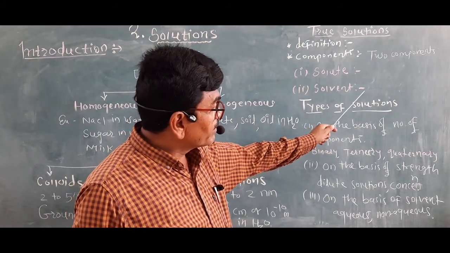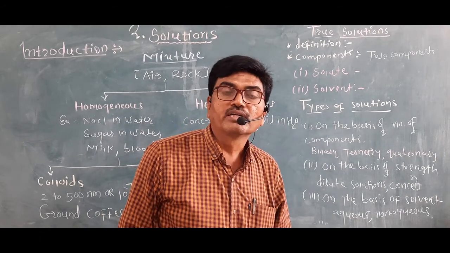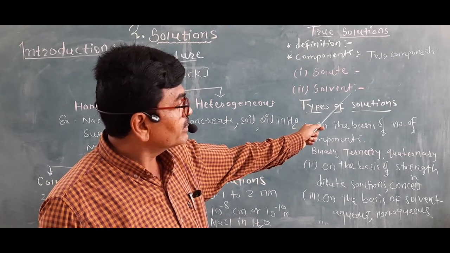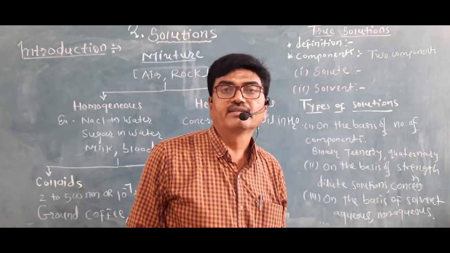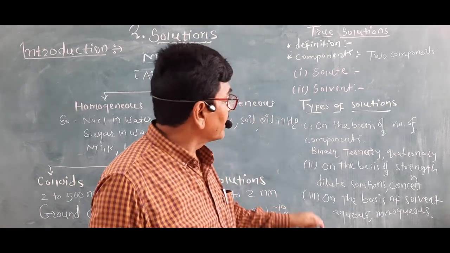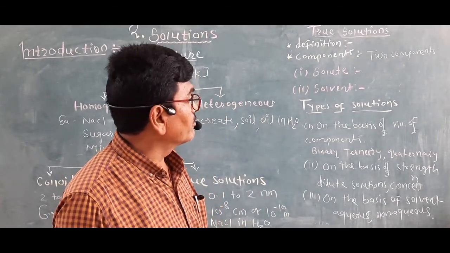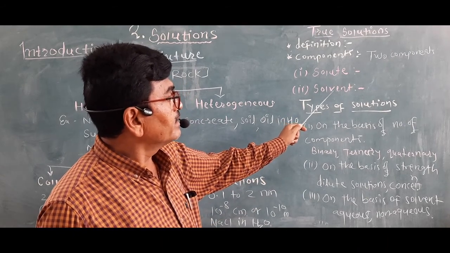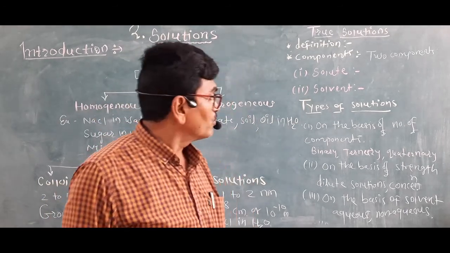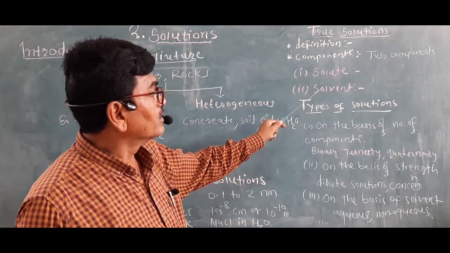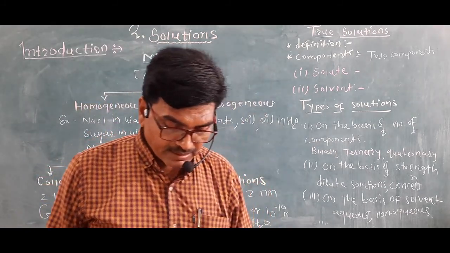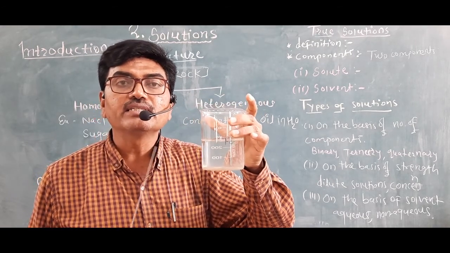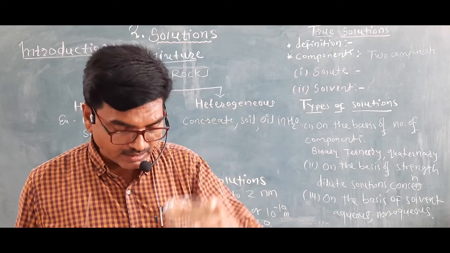Or simply, in general, the component which is present in the larger quantity is considered as the solvent. अशा पद्धतीने when solute is dissolved in solvent, then the solution is obtained. तर हे दोन कंपोनंट आहेत, सोल्यूट आणि सॉल्व्हंट. जसं मी तुम्हाला म्हणालो, NaCl dissolved in water. So NaCl is the solute and water is the solvent.